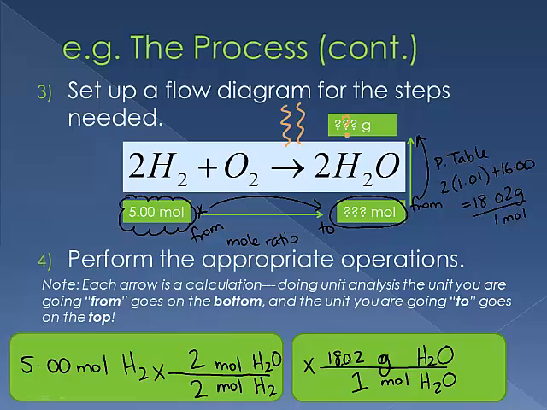Going through and canceling off our units, notice moles of hydrogen and moles of hydrogen cancel out. Moles of water and moles of water cancel out. The only unit we're left with is grams of water, which is what the question is asking us for, so we're done. And we put an equal sign, and we can now put that in the calculator. So that works out to 90.1 grams of water.